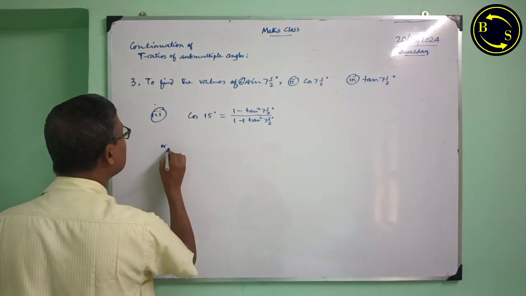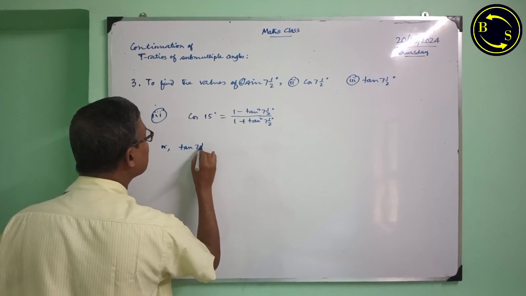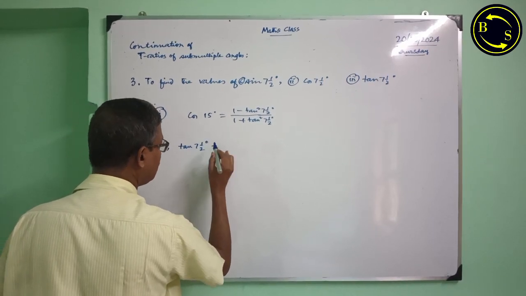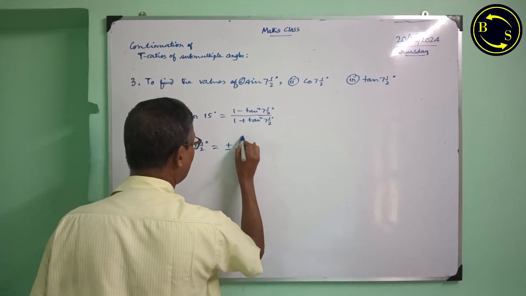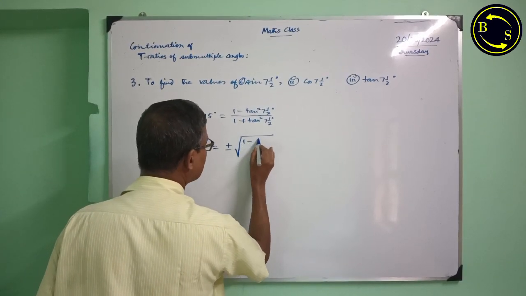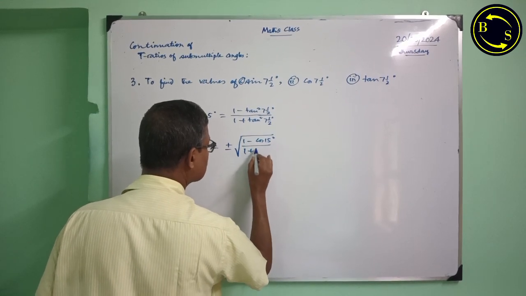By componendo dividendo we get tan square 7.5 degree is equal to 1 minus cos 15 degree by 1 plus cos 15 degree.